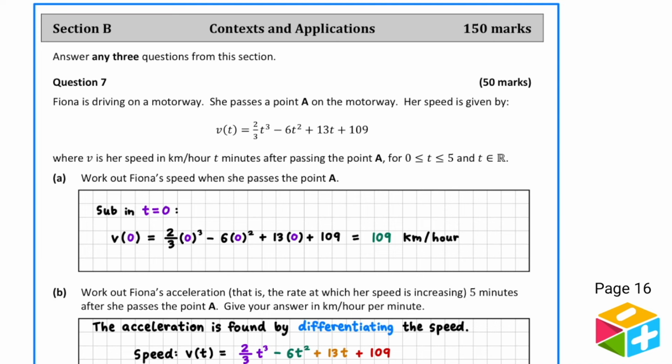So all we need to do is sub in t equal to 0 into our function. When we do this, we get out an answer of 109 kilometers per hour.